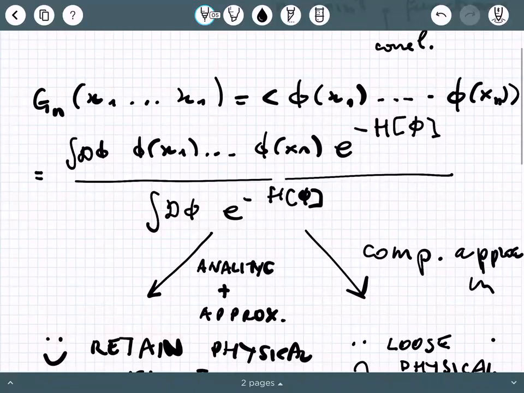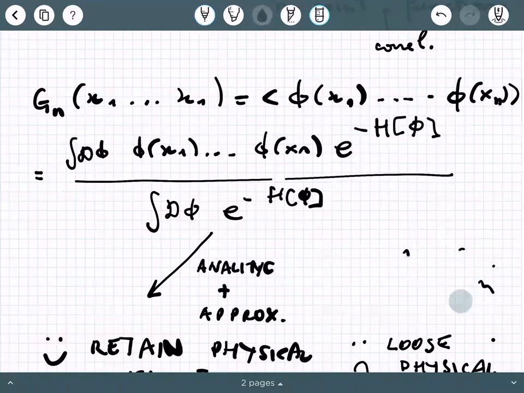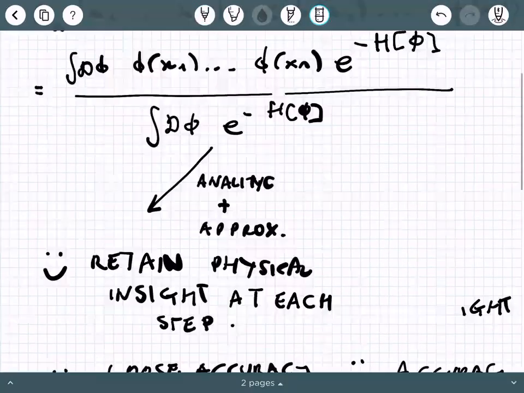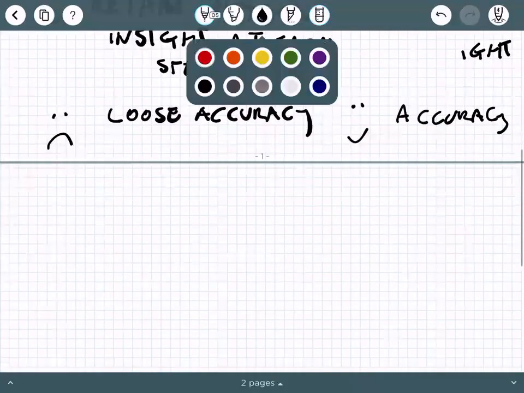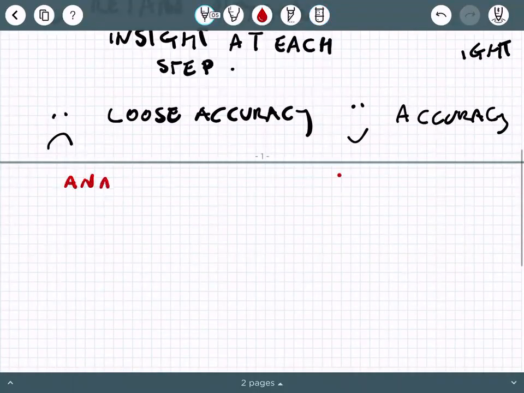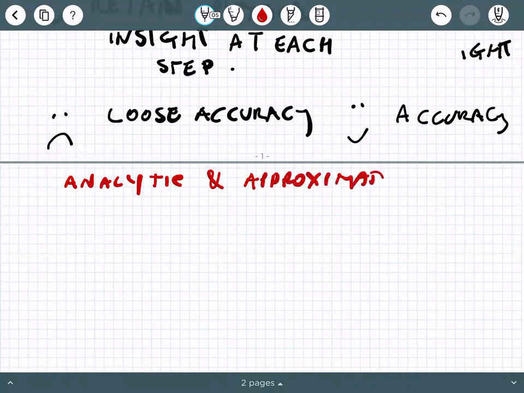Okay, so last lecture we began discussing some analytic approach, and the first thing we notice concerning analytic and approximate approaches is that you've got to start somewhere.